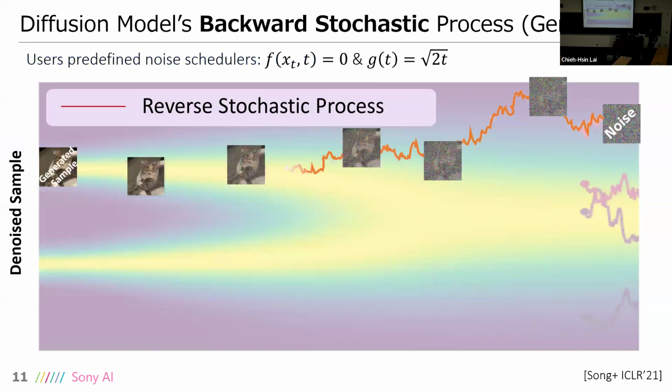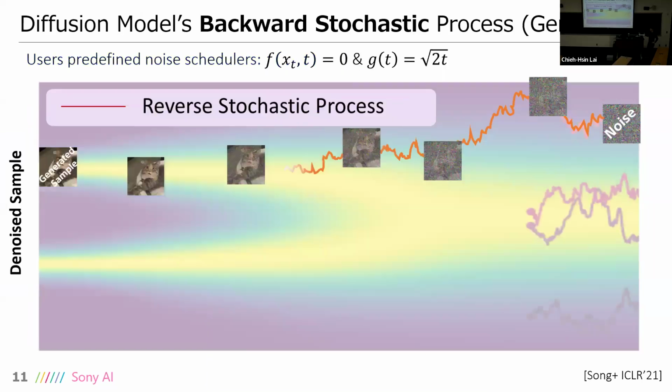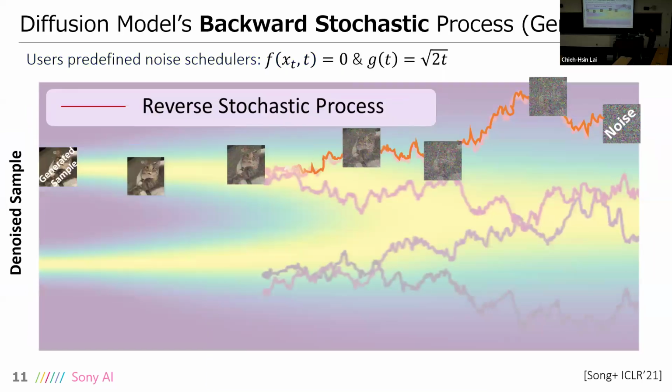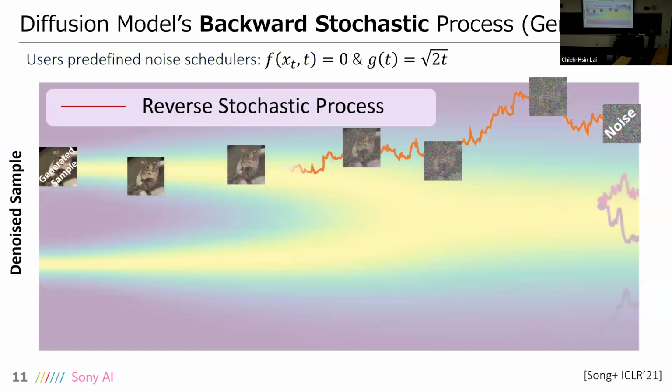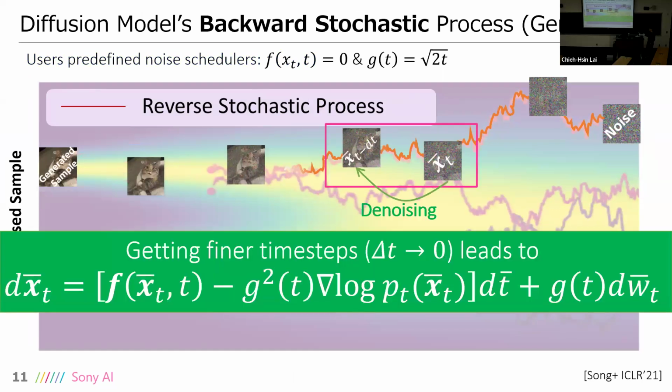All right, that is about the backward process. So for this defined forward process, mathematically you can ensure that there is a backward process such that each level of distribution will be the same as the forward process. And the format can be written down explicitly in this form, where we have F as the forward drift term, G as the Gaussian noising term.